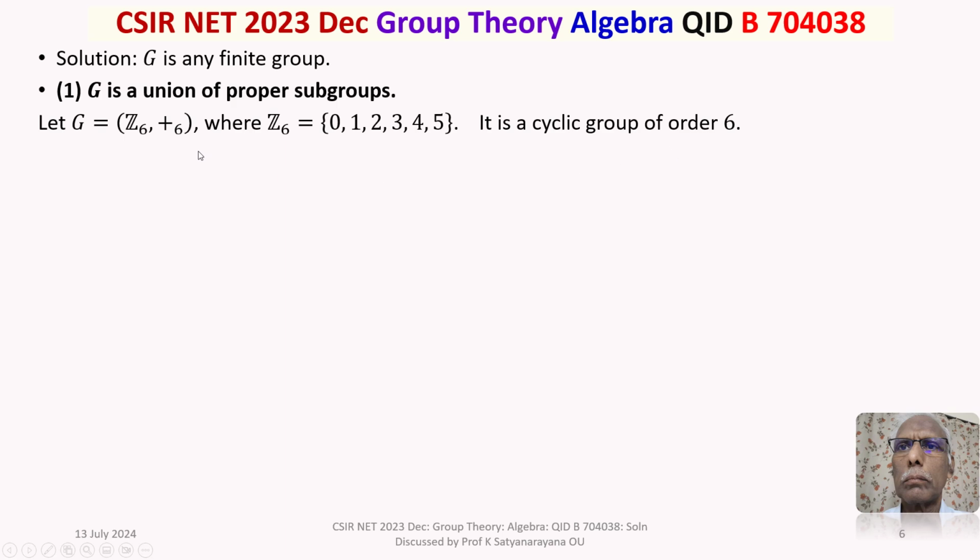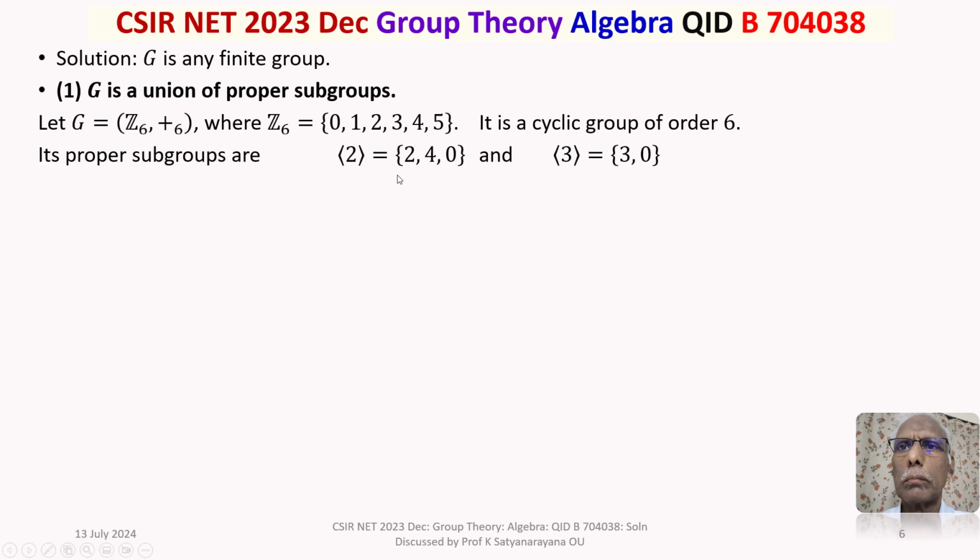Let us consider the proper subgroups of Z6. One proper subgroup is the subgroup generated by 2. It generates 2, 4, 0. And the other proper subgroup is the subgroup generated by 3, that is 3, 0. These are the only 2 proper subgroups of Z6.